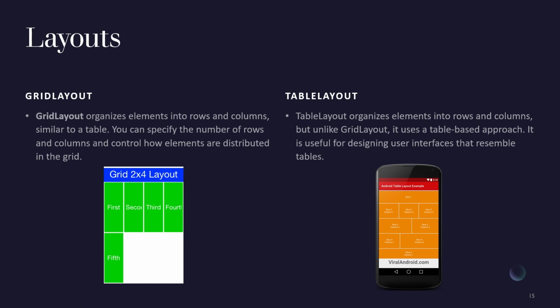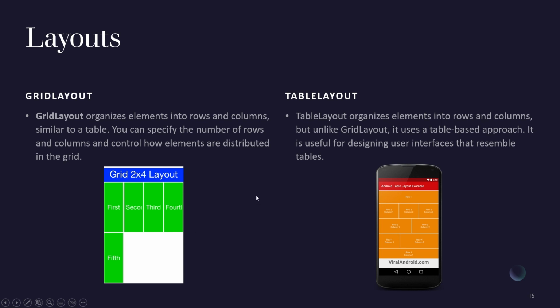You can specify the number of rows and columns and control how elements are distributed in the grid. You see, for example, the grid 2x4 layout. You see first, second, third, fourth, but the fifth you put in the second line.